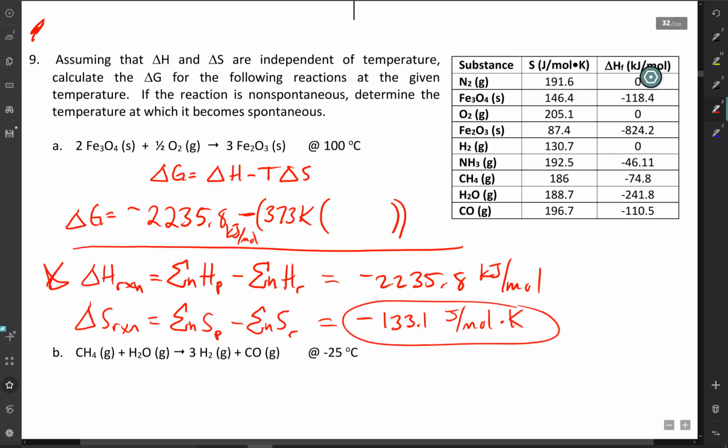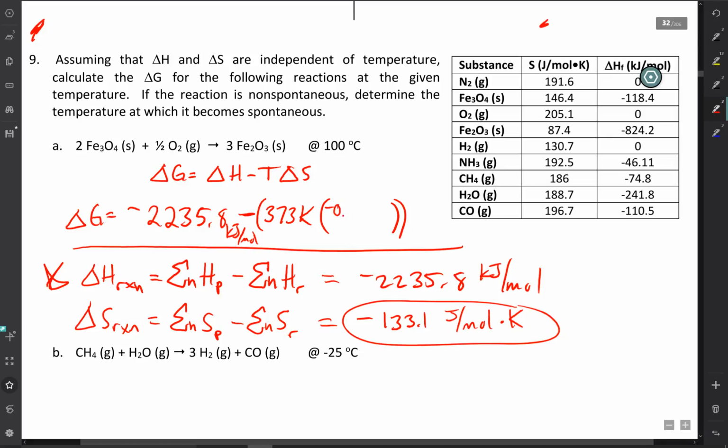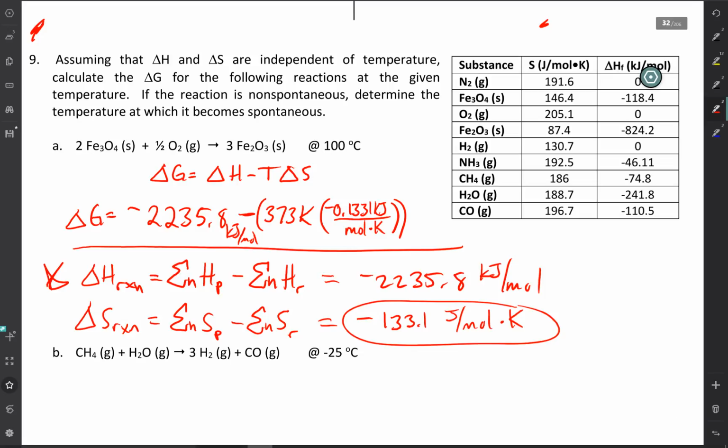Be careful here. I've got joules per mole Kelvin for delta S, and I have kilojoules per mole for delta H. I need to convert. So I'd have negative 0.0331 kilojoules per mole Kelvin. From there, it's really a matter of plug and chug.